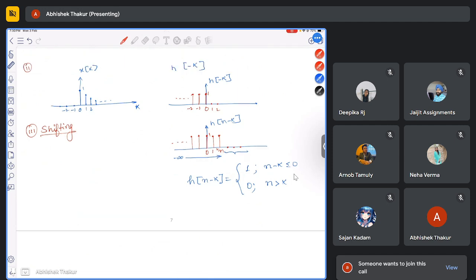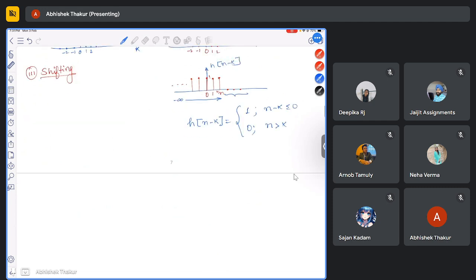So our y of n is equal to the summation of x of k into h of n minus k.